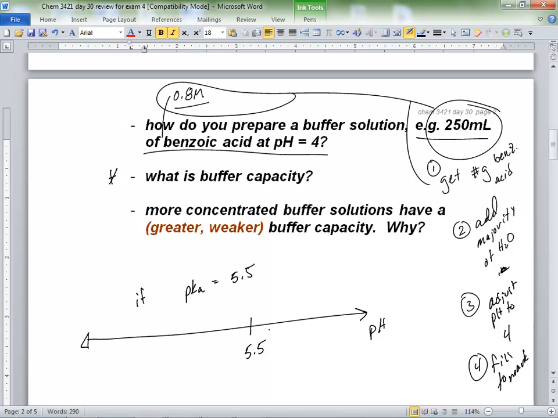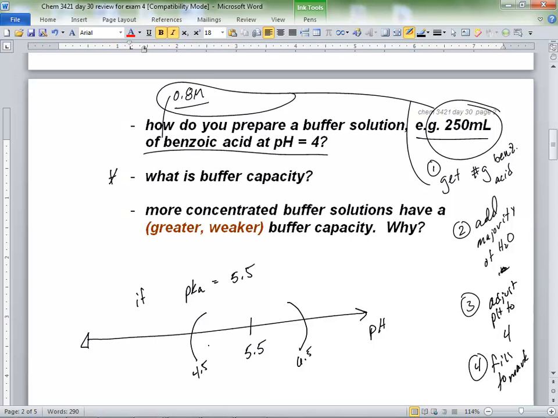Does anyone know? It'll be 1 pH unit this way and 1 pH unit that way. And then roughly you're done for. So 6.5 to 4.5. So when you're picking a buffer, the closer the pH is to the pKa of that buffer, great, but it doesn't have to match it exactly. But definitely don't be outside 1 pH unit. It's not going to work.